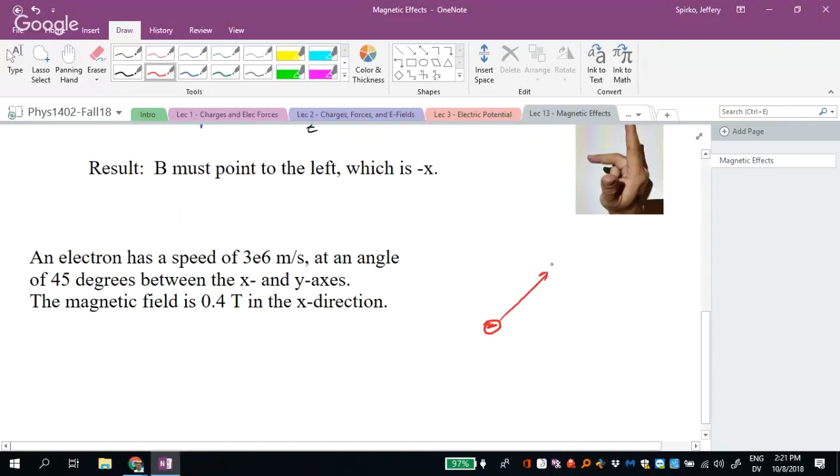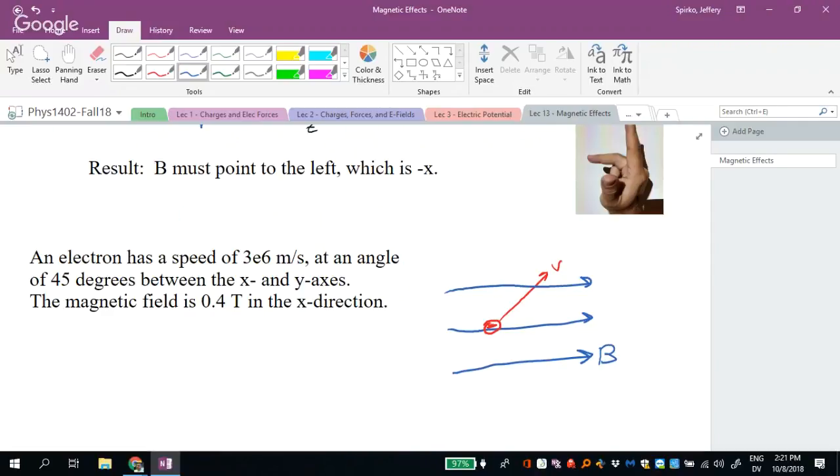And there's my V. And then in the background, I'll do it in a different color, is my B. So the right-hand rule actually works just fine with this situation because the index finger is the velocity, and then the magnetic field is pointing straight horizontal, and that makes my thumb point into the screen.